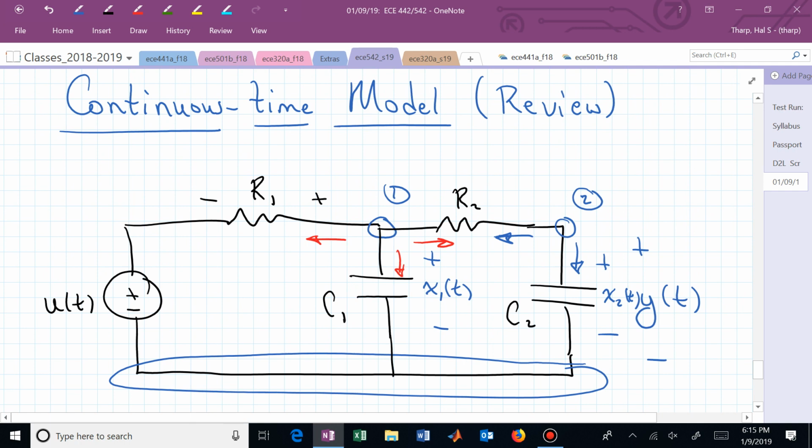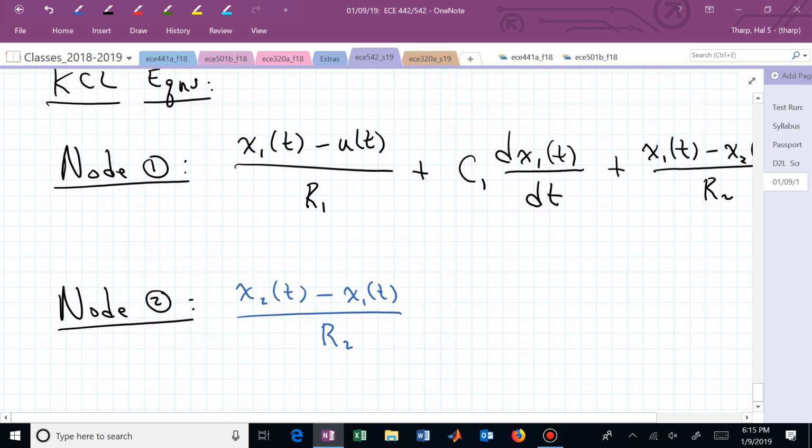Now I just add to that the vertical current going down, and that's ice again. I just have to keep track of the right capacitor and voltage. So this is now plus c sub 2 dx sub 2 of t dt equaling 0.